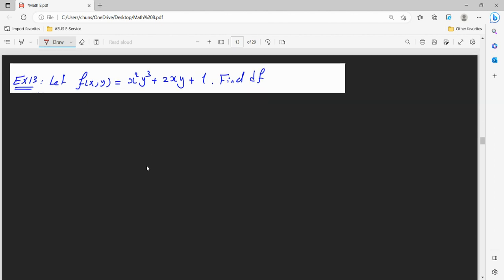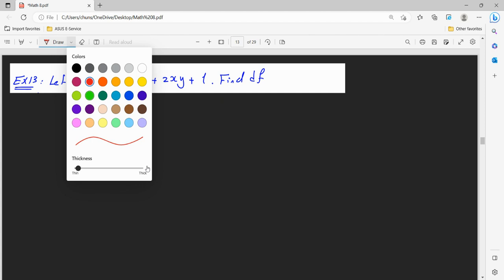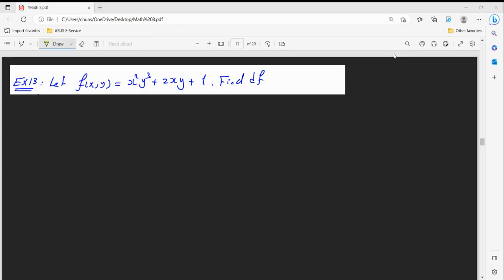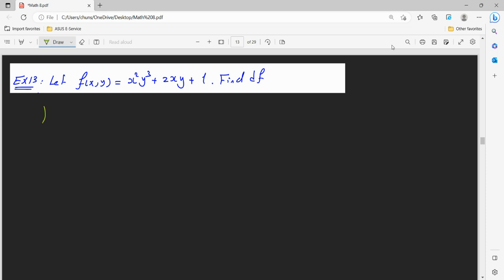Okay, so if we were to take the increment differential for this one here, our df is defined by the partial derivative with respect to x, multiplied by dx, plus the partial derivative with respect to y times dy. And you can see that these two would cancel out, leaving just the df at the top.